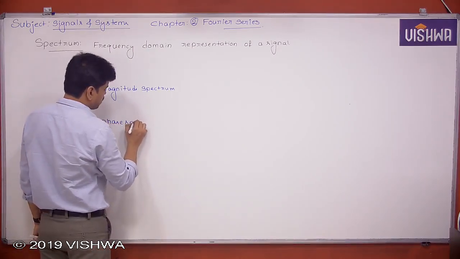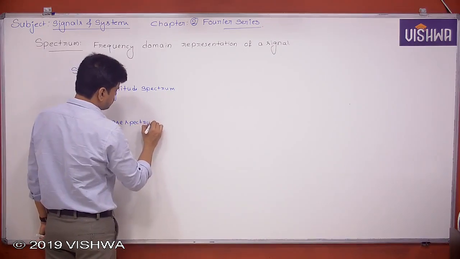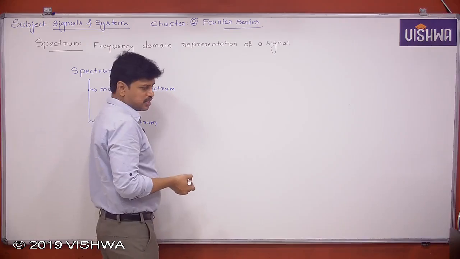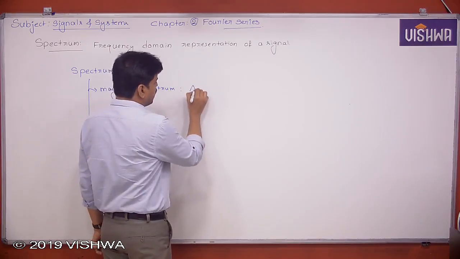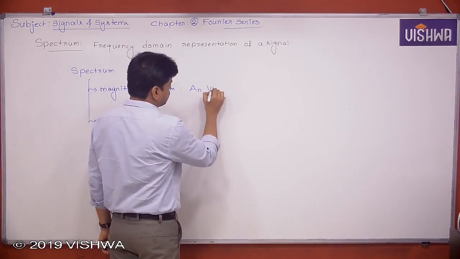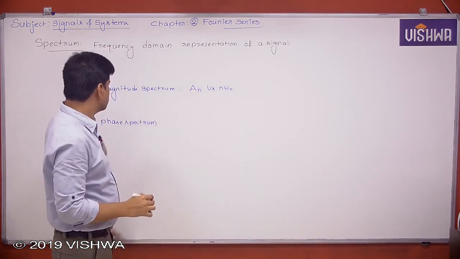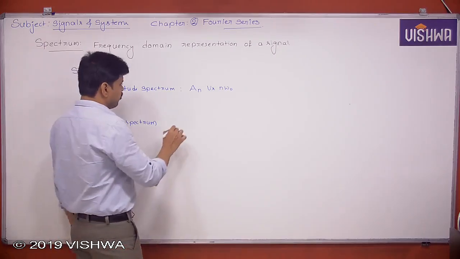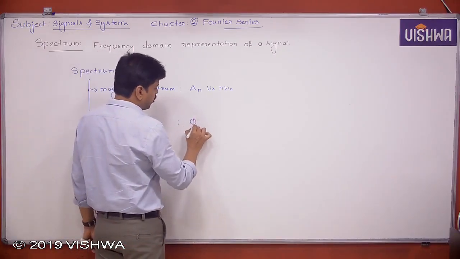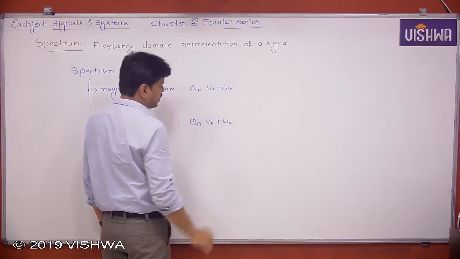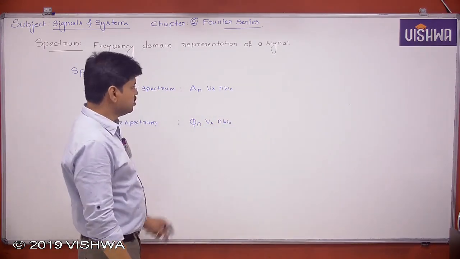In this Fourier series, we have An versus n omega naught, which is the magnitude spectrum, whereas the phase spectrum is phi n versus n omega naught. These are the phase spectrums.